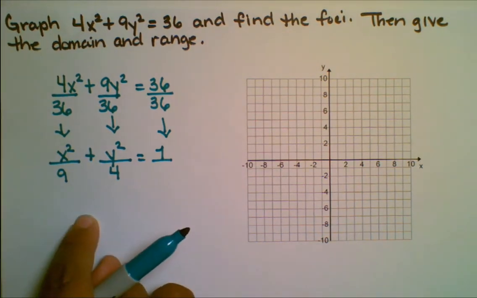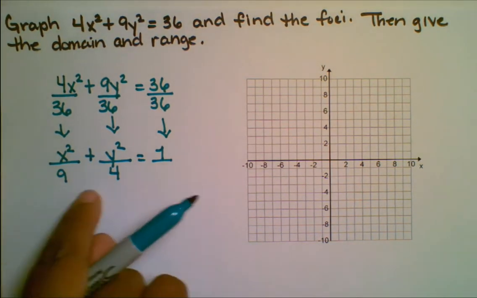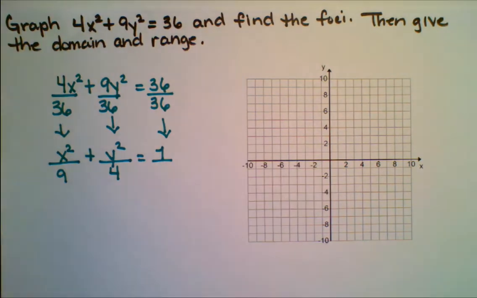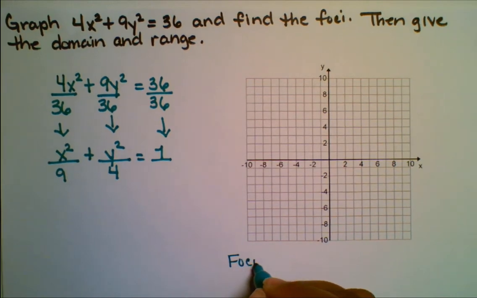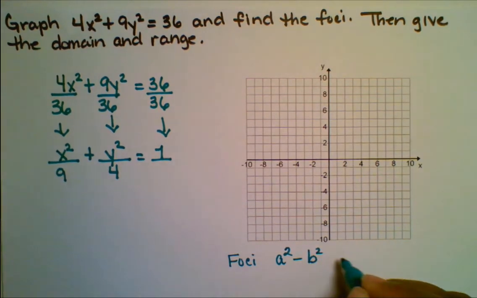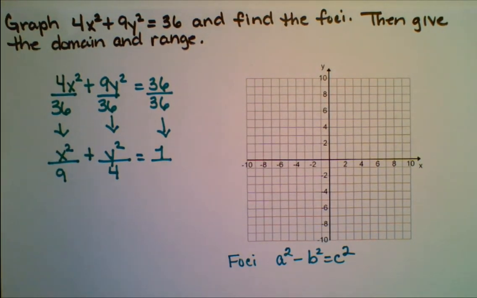So now at this point, we're going to use the information that we need to create this ellipse and to find the foci. Now the formula to find the foci is a squared minus b squared equals c squared. That is its formula, because the key word in this section is distance: how far away are our foci from the center.